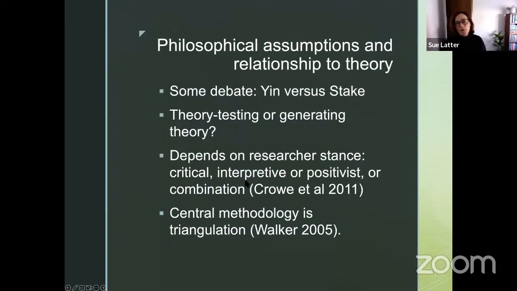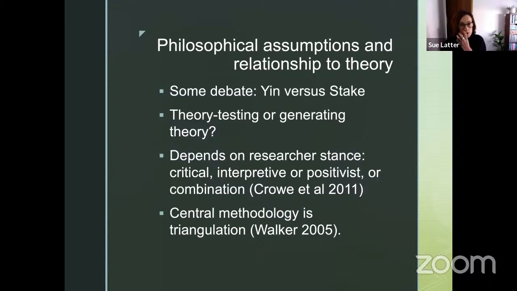Thinking about where we sit on this kind of epistemological scale. There's been some debate in the literature about where case study sits. So Robert Yin very much takes a positivist approach to this, that you start off with a theory and you choose your case studies and you sample within your case study sites to test that theory, to test out the propositions and to refine or refute the theory.